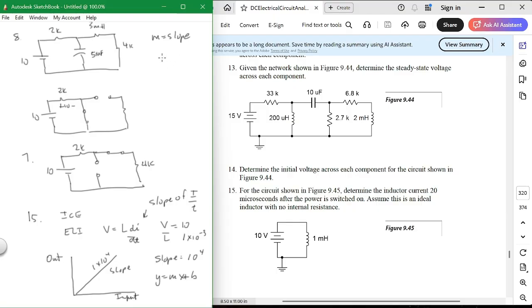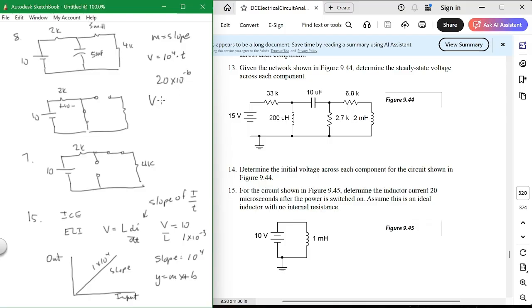So the output voltage at a certain instant in time is equal to 10 to the fourth times t. Everybody follow that? Now, what is t? 20 microseconds. What is microseconds? 20 times 10 to the minus 6.